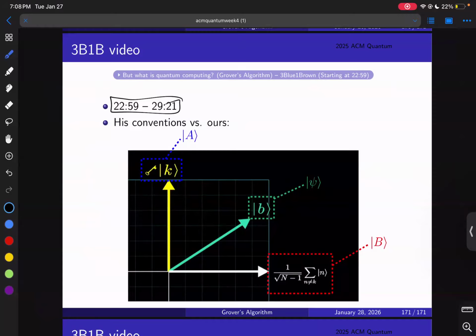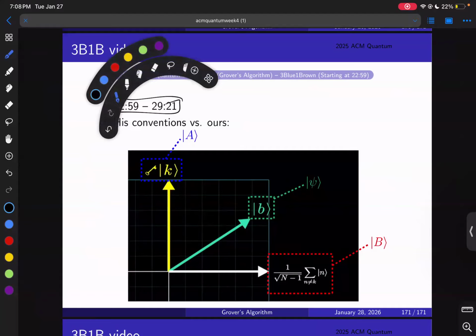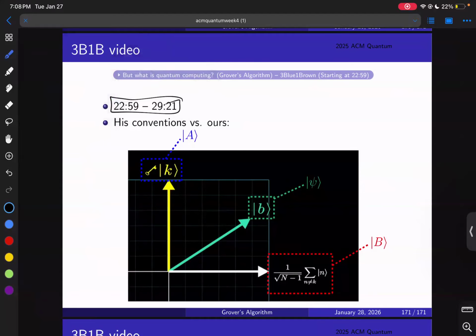When you're actually solving a Grover problem, you're not going to have a notion of A and B anymore. You're just going to say, okay, this is how many times I should apply the Grover iterate. Then I'm going to measure and hope I get a good result. You don't have to change the basis, not when you're doing an actual problem.